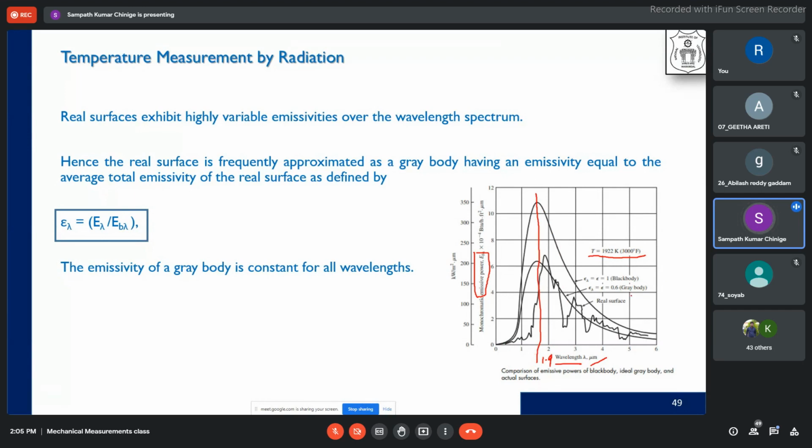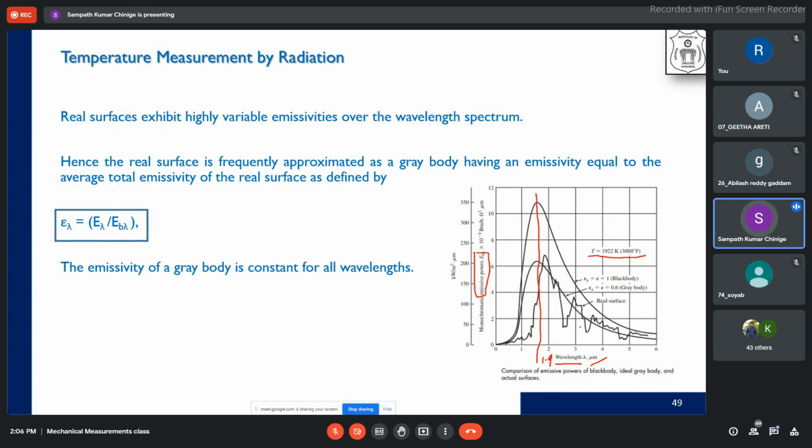So you can see here, it may be 0.6 for the gray body. The gray body is also an ideal case. But when it comes to a real surface, there is a lot of variation in the emissive power with respect to the wavelength. It's not a smooth curve. We have a lot of variations.